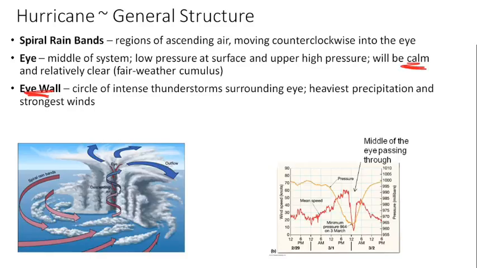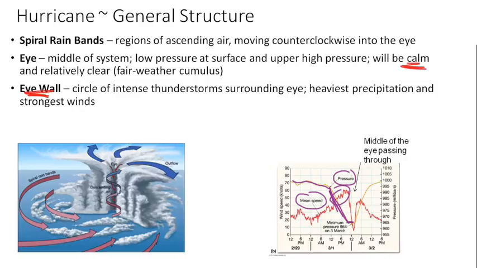This down here is showing you the pressure, and it's showing you the wind. The deal here is we have the pressure dropping. The pressure drops very steeply right here at the eye wall, and that steep pressure drop creates these crazy winds.